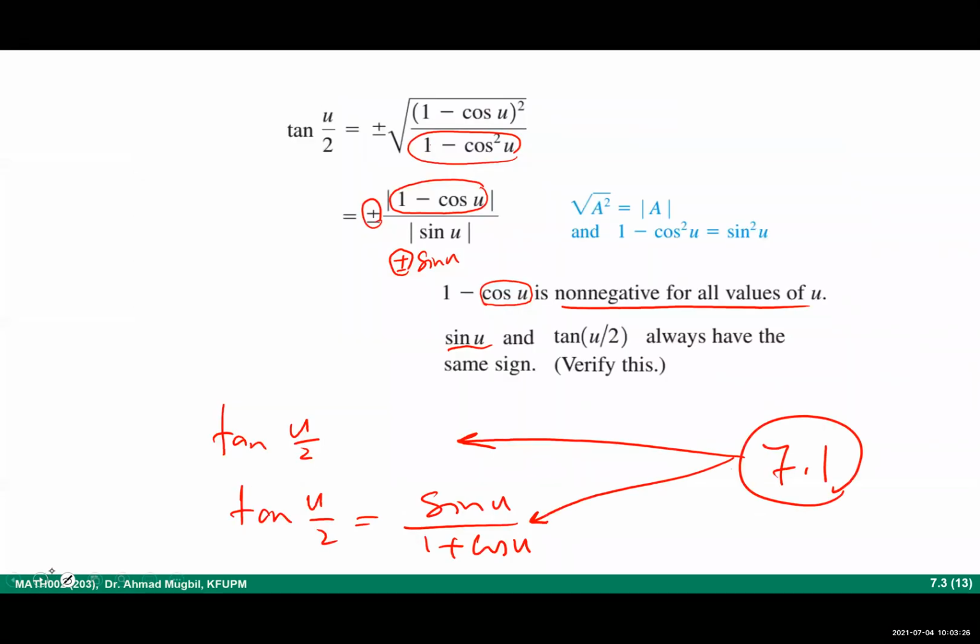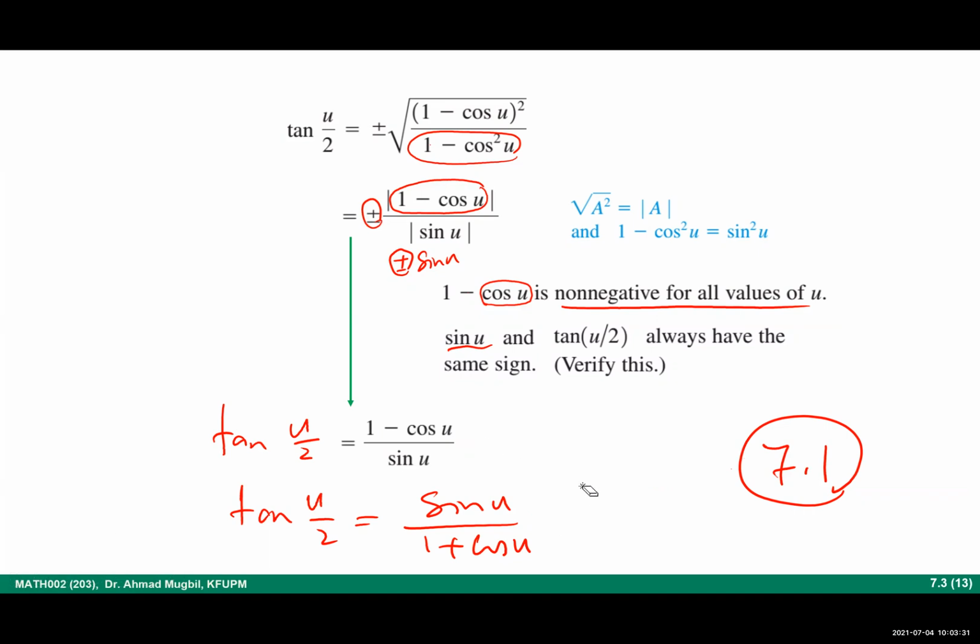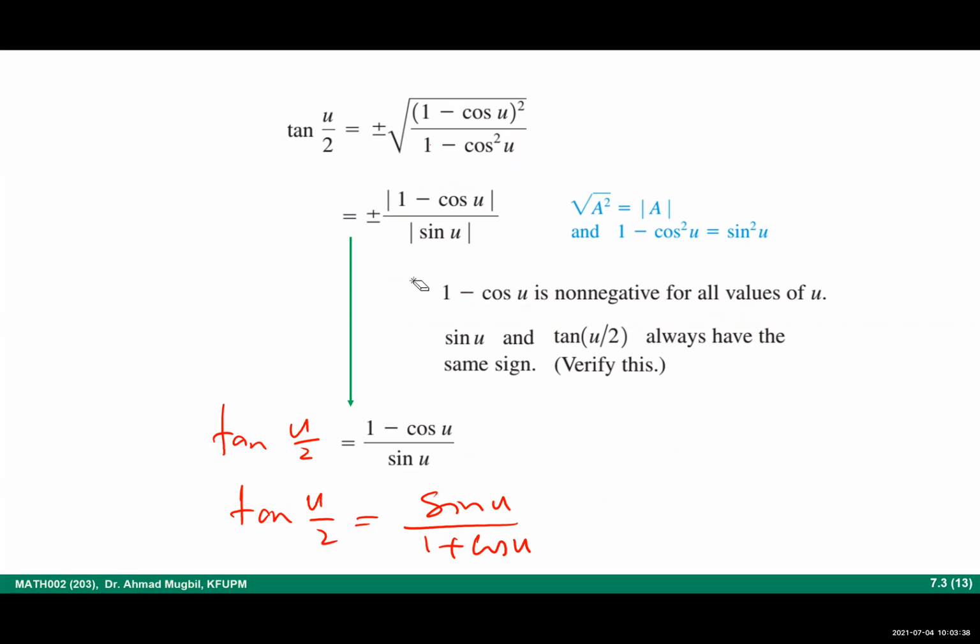Now the question is, one of you may ask me how to remember this. I have a good way to memorize this. What is it? To make a connection between this and tangent in general. What is tan u? It is sine u over cosine u. All of you know that. Now, what is tangent u over 2, when it is half of the angle?